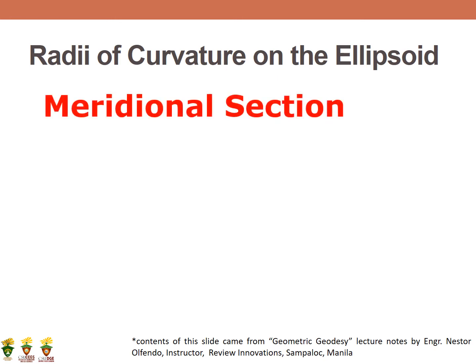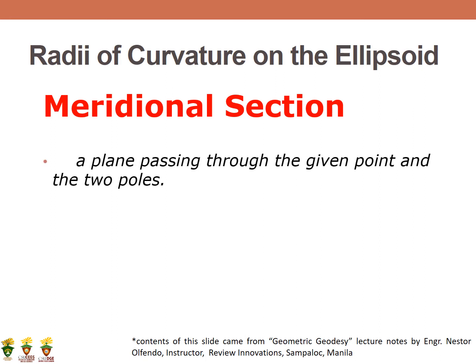So the first radius of curvature in the earth is what we call the meridional section. The meridional section is a plane passing through the given point and the two poles. So its plane must pass through the North Pole and South Pole.